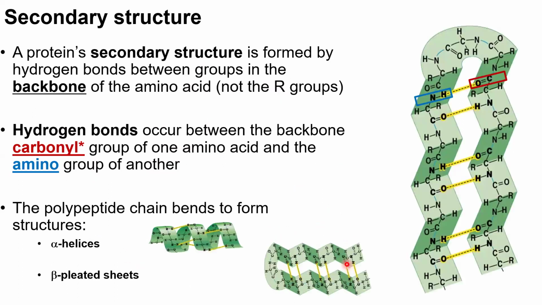Then we have the secondary structure. The secondary structure is formed by hydrogen bonds between groups in the backbone of the amino acid, not the R groups.